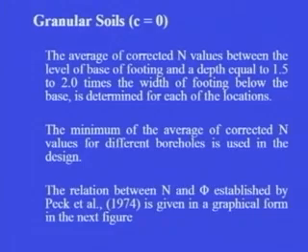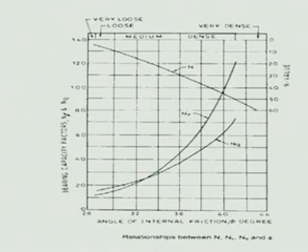Peck et al. have given a relationship between the standard penetration test N and phi in graphical form, which I am going to show in the next figure. This is the figure in which N values are given, and corresponding to these N values the phi value is also given.